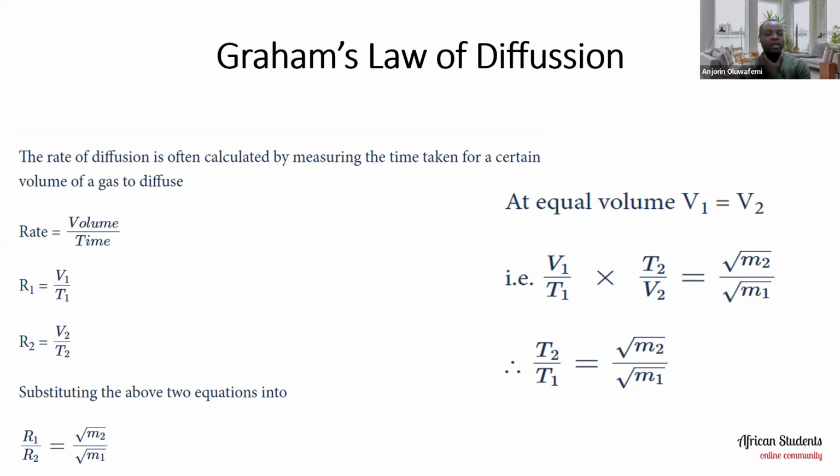So our R1 can be equal to V1 over T1, and then our R2 can be equal to V2 over T2. Substituting the above into R1 over R2 equals square root of M2 over square root of M1, what you end up having is that at equal volume, that is when V1 equals V2, V1 over T1 multiplied by T2 over V2 equals square root of M2 over M1. Therefore, T2 over T1 equals square root of M2 over square root of M1.